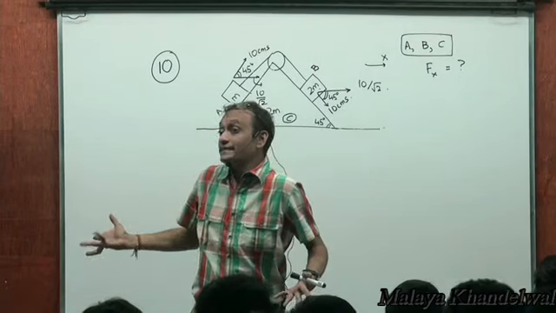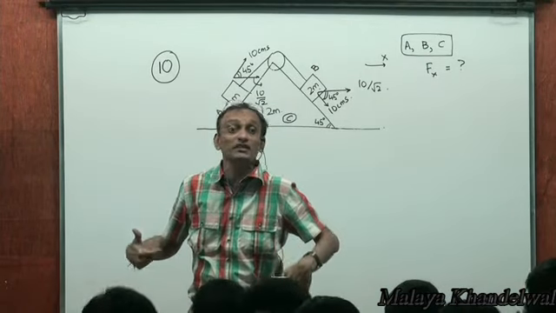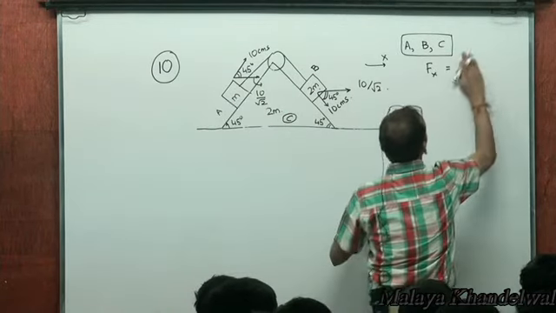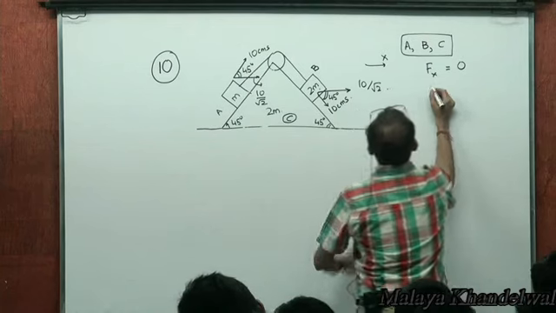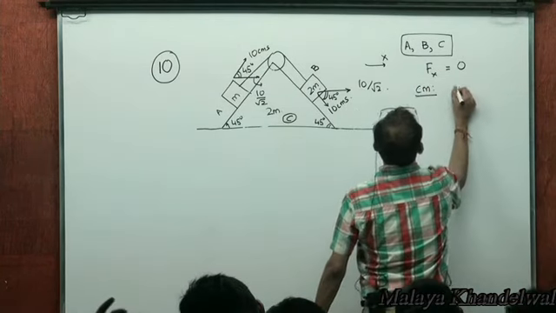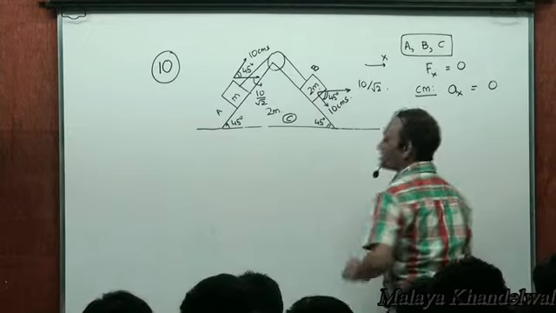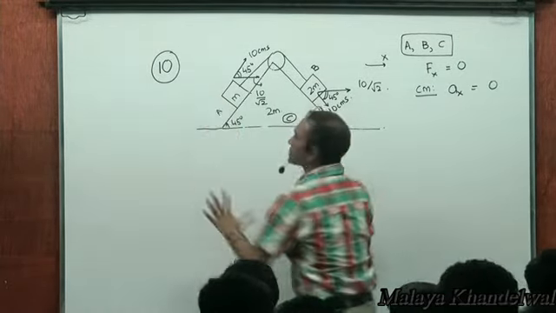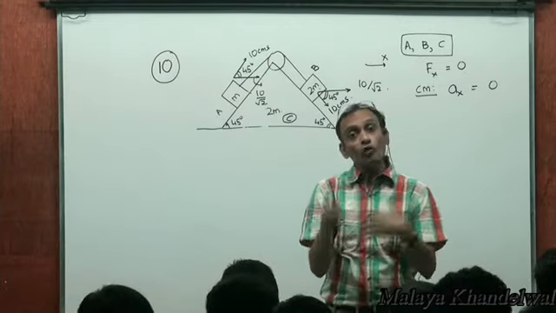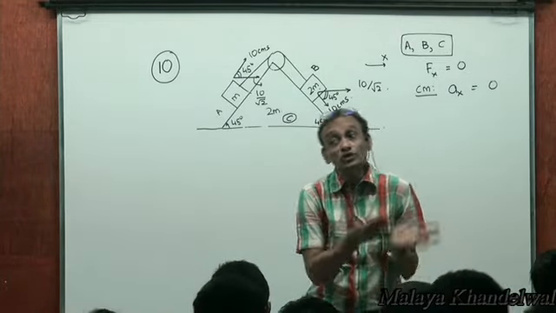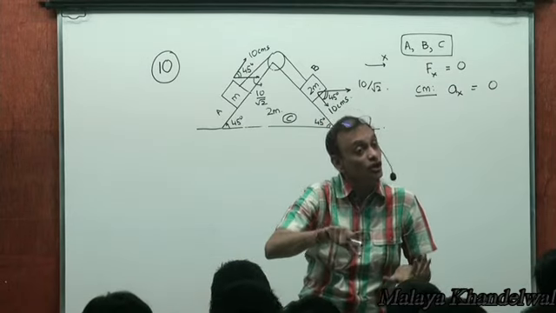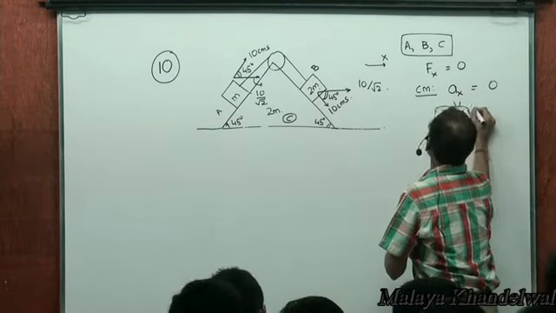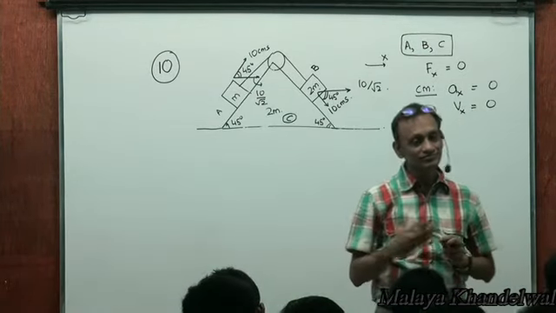No external force acts in the x direction on the system, right? That means the center of mass of the system in the x direction must have 0 acceleration. At the time it was just released, the velocities of all 3 entities were 0, so the velocity of the center of mass at that instant was 0. And since there is no acceleration in the x direction, the velocity of the center of mass must remain 0. Yes or no?